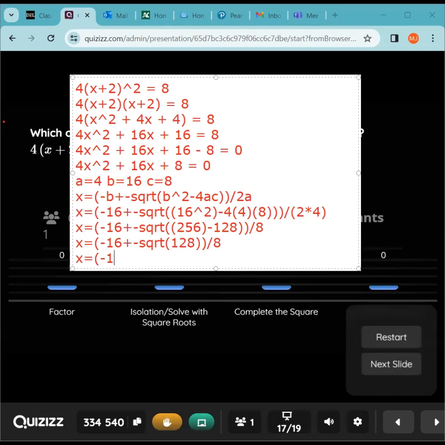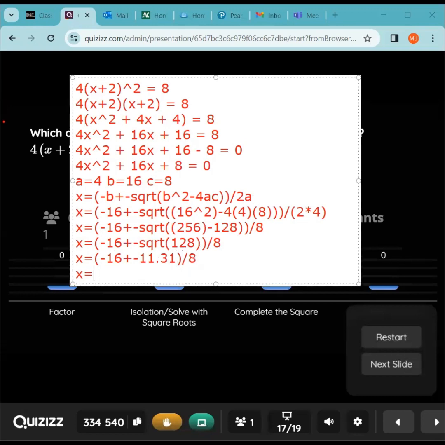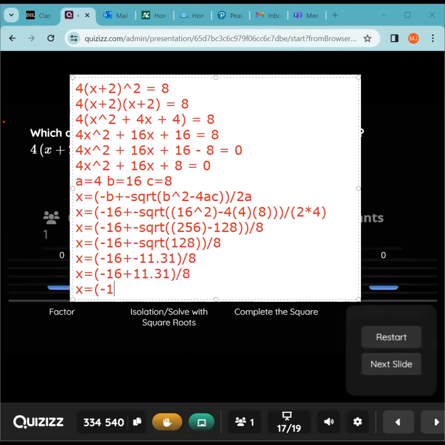x equals negative 16 plus minus 11.31 divided by 8. And then there would be two answers: negative 16 plus 11.31 divided by 8, and x equals negative 16 minus 11.31 divided by 8. And then those would be the two answers. So you're always given two answers because it's plus minus.